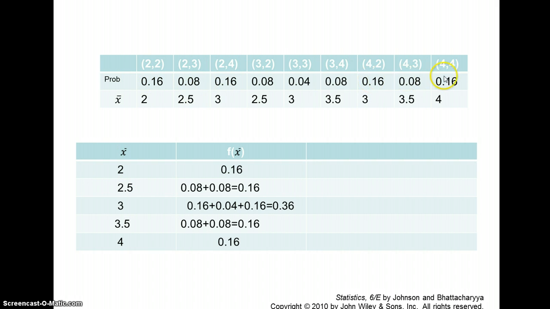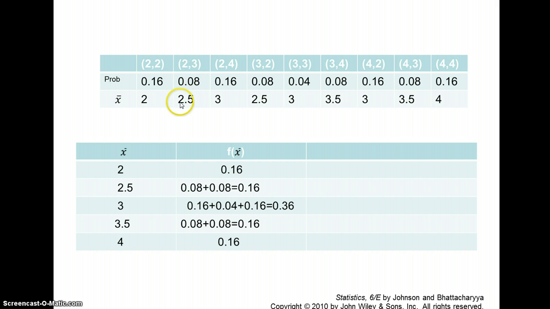That's what we calculated before. For value 2, there's only one probability corresponding to it, so 0.16. So I copy it. What's the probability of 2.5? There's a 2.5 here, and there's a 2.5 here. So we gotta add these two numbers, 0.08 and 0.08.